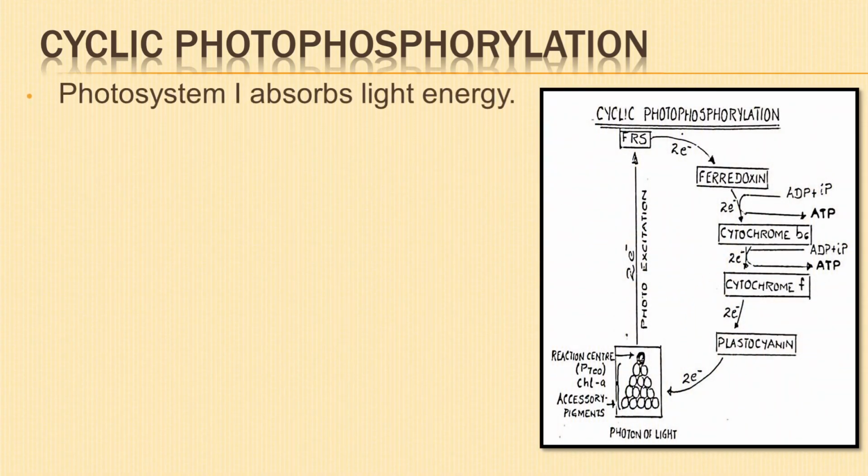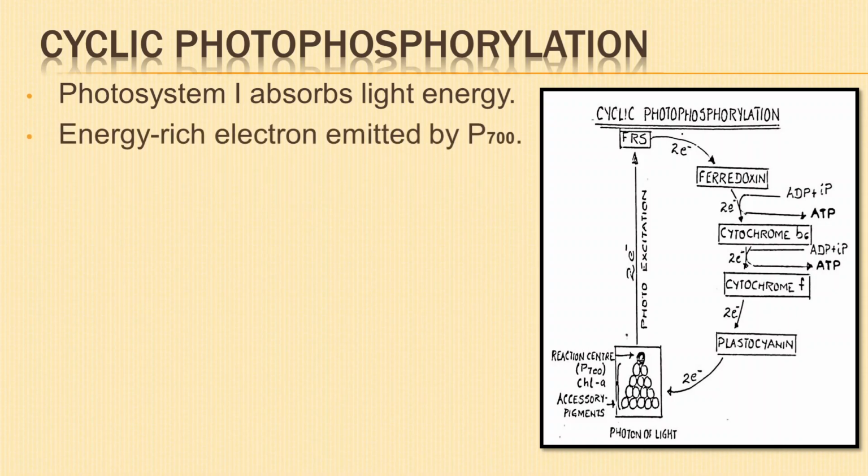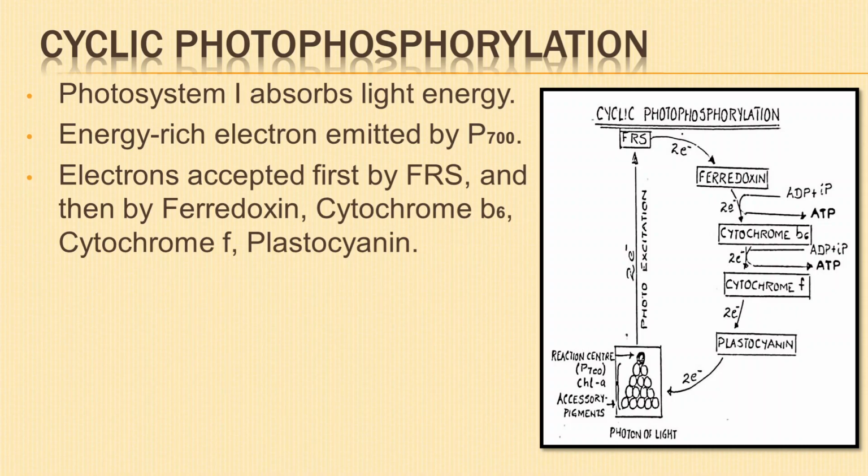When light falls on photosystem 1, it gets excited and a pair of energy-rich electrons are emitted by reaction center P700. These electrons are accepted by electron acceptor, namely ferredoxin reducing substance, and are transferred via ferredoxin, cytochrome B6, cytochrome F, and plastocyanin.